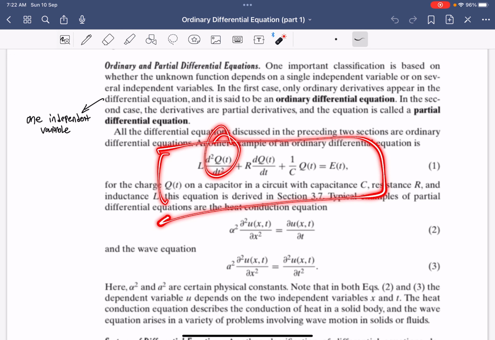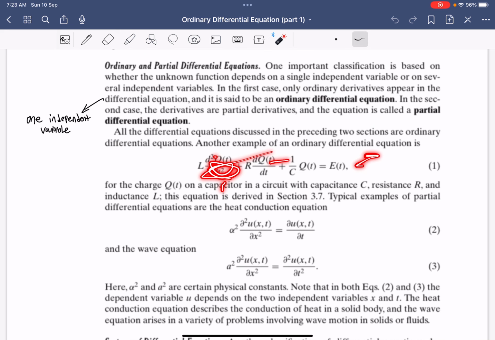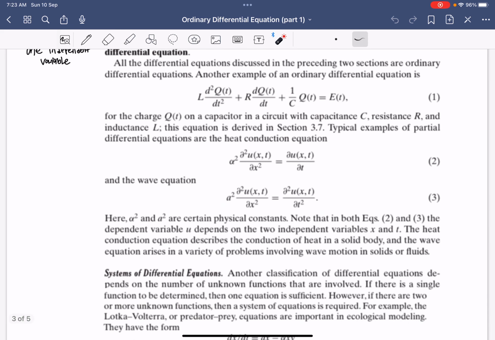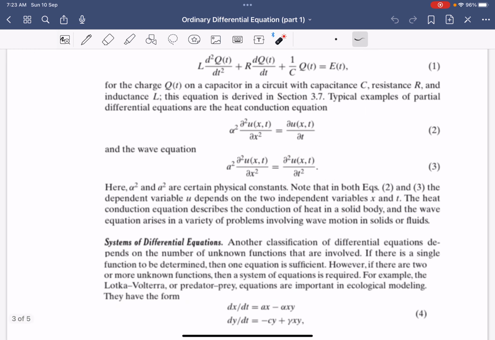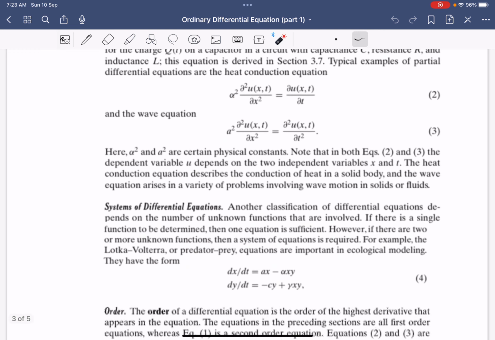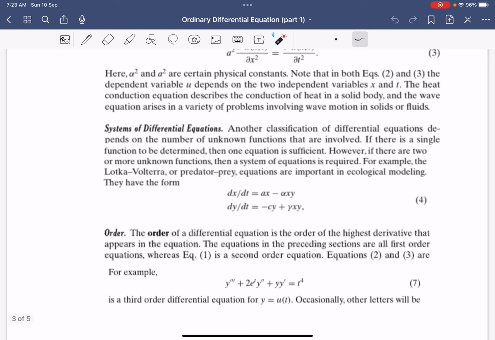You see, everything is differentiated with respect to only t. But a partial one will be the following, where we differentiate with respect to x and with respect to t for this function u. We can also get a system of differential equations, where dx/dt equals some terms and dy/dt equals some other terms.